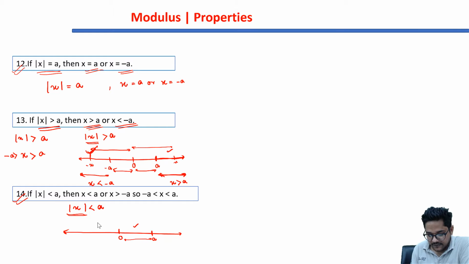And similarly, on the left hand side of the number line, we have minus a over here, and if this distance is less than a, then x must lie in this region. If x is in this region, then x is greater than minus a. If x is in this region, then x is less than a. So we can collectively write x is less than a and greater than minus a. So this is the whole concept.